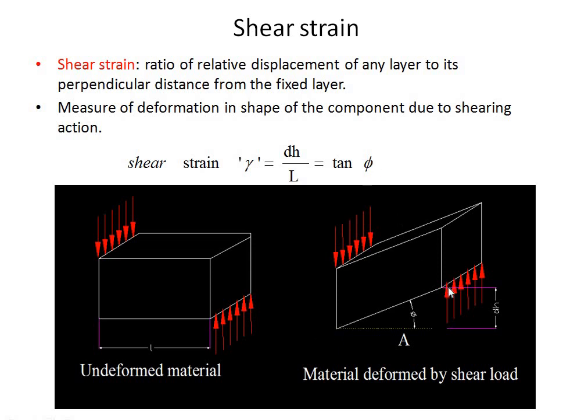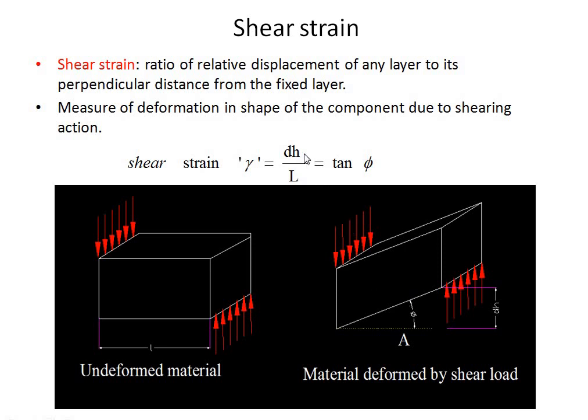Due to the shear load, this has shifted laterally by this much height, that is dh. So there is angular deformation. When you are moving along the length, there is deformation along the height. This we call shear strain.